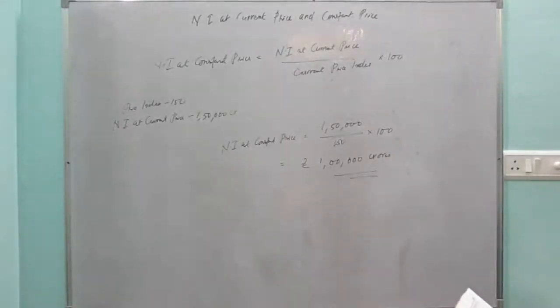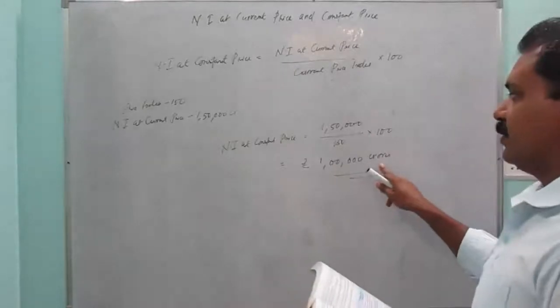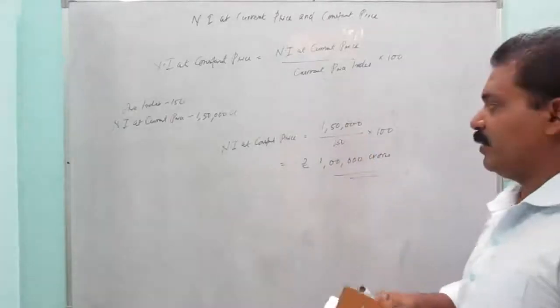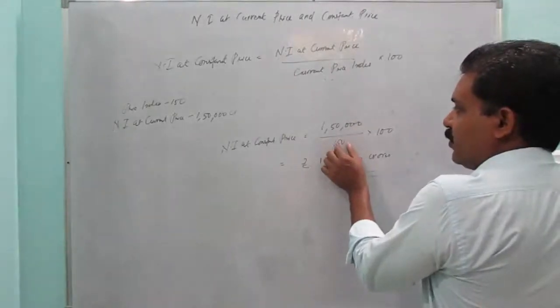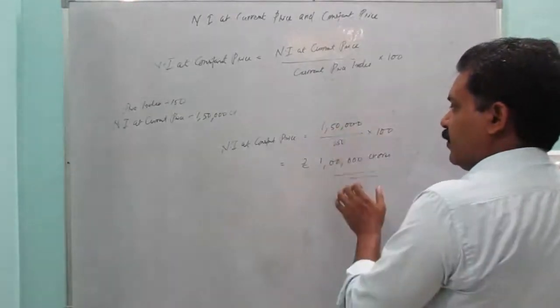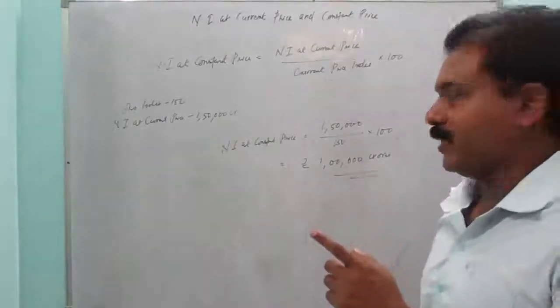National income at a constant price actually is this much only. The 50 that is coming is the current price rate only. This around 50% improvement comes because of the price level only. If it is 100, then the same rate would come. So keep that in mind. That is what I was trying to tell.